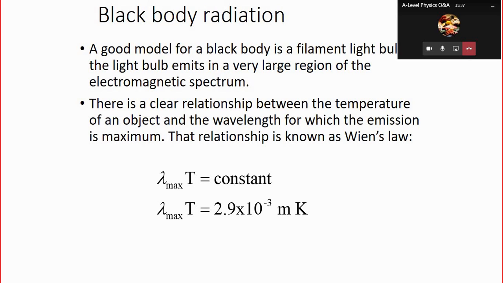That is not millikelvin. Really easy to look at that as millikelvin, but it's not. It's meter kelvins, because you've got a wavelength in meters multiplied by temperature in Kelvin. So 2.9 times 10 to the minus 3 meter Kelvin. And that means that if we know the wavelength, we know the temperature. If we know the temperature, then we know the wavelength. We can work out one from the other.